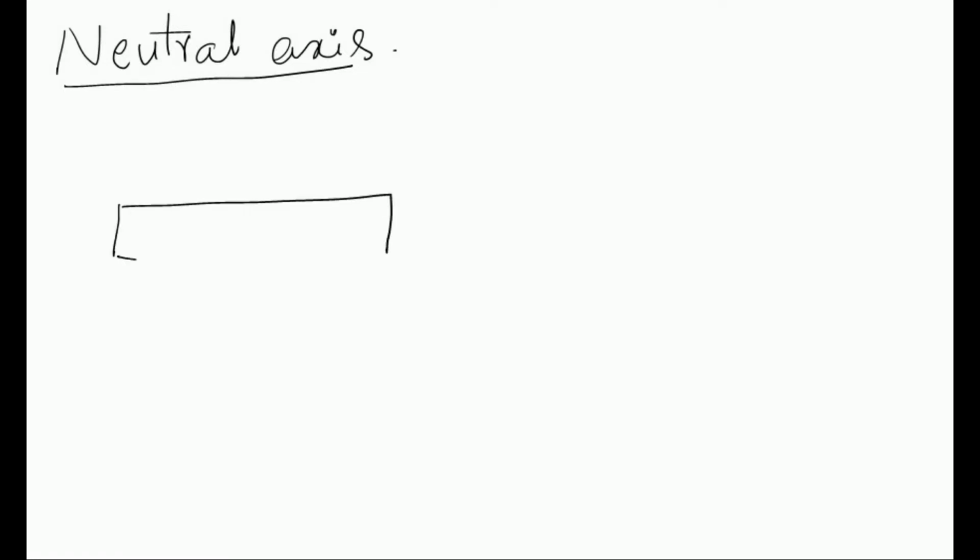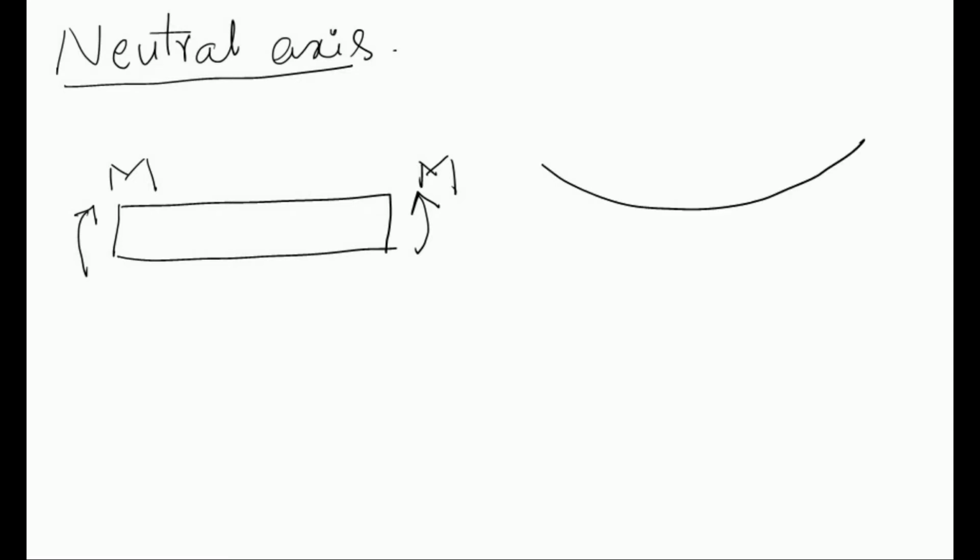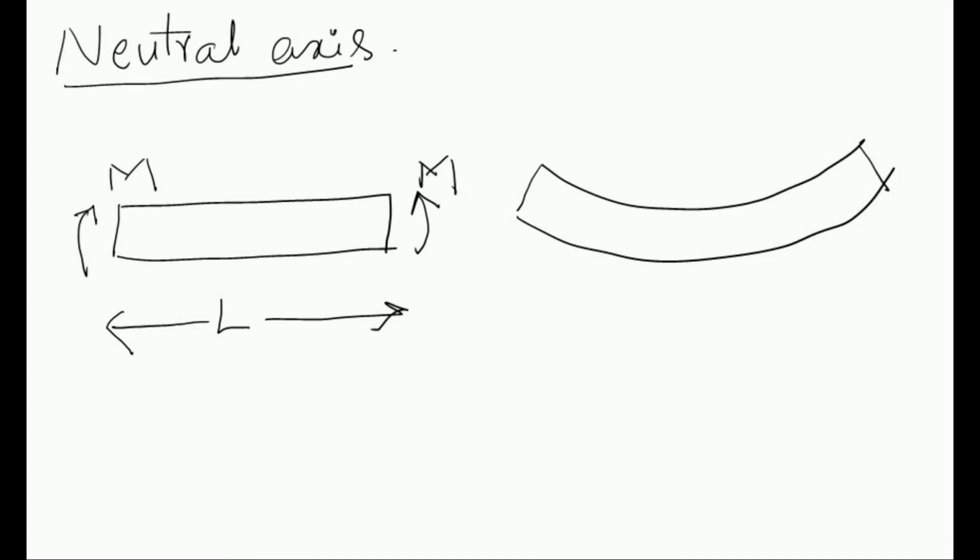Let us say this is our member subjected to a pure moment M. After deformation, the member is now bent, and let's say the length of the member is L before bending.